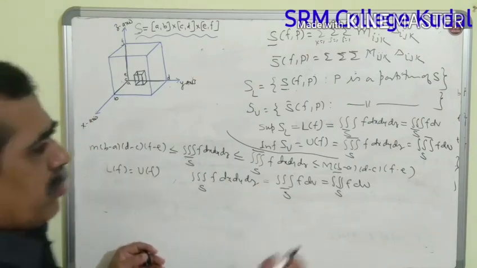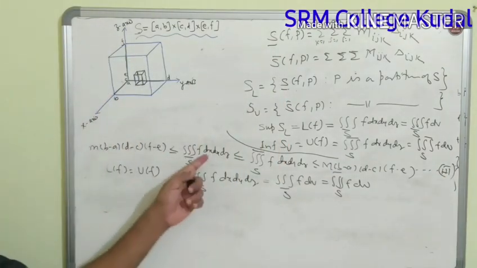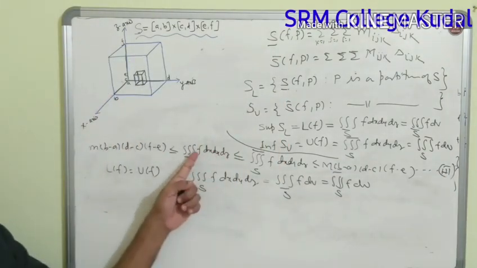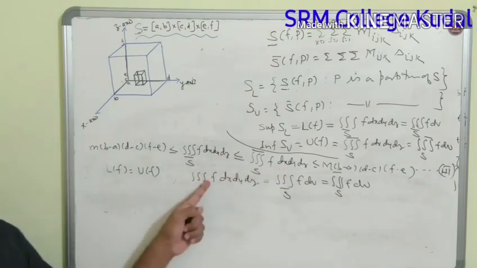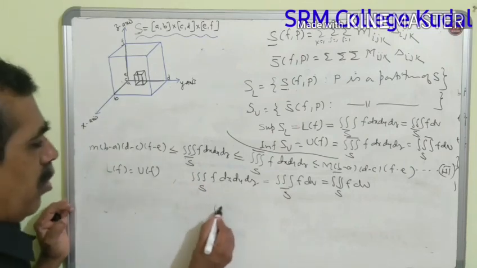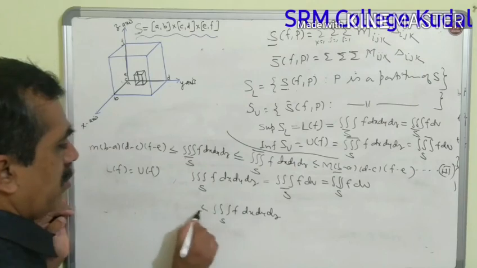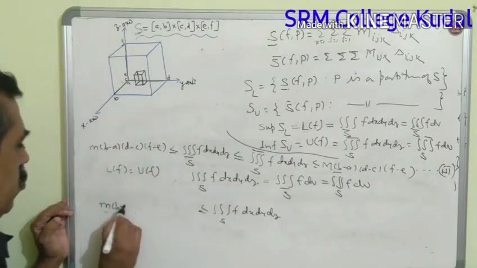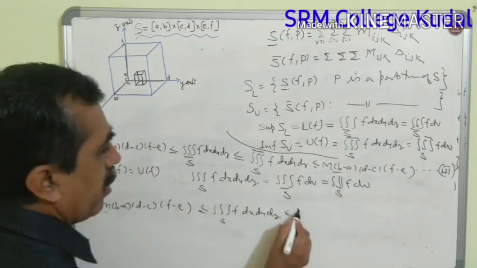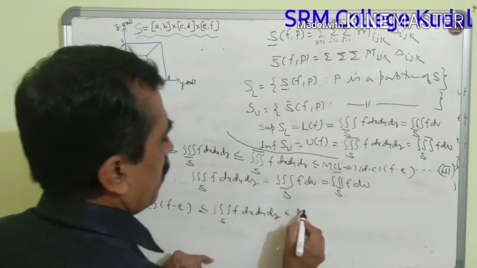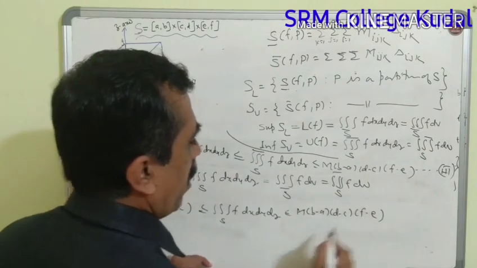Now from inequality 3, as these two are equal and this is the common value, this common value will also lie between these two numbers, m into (b minus a) into (d minus c) into (f minus e), and M into (b minus a) into (d minus c) into (f minus e).